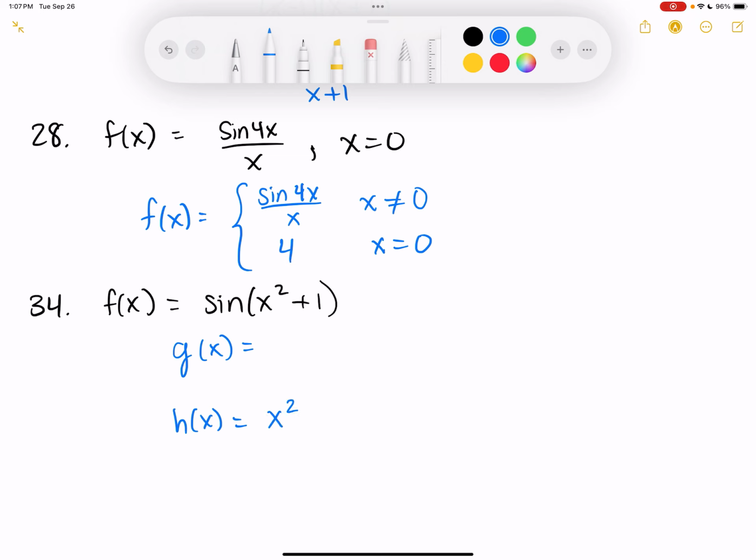And then g of x would be sine x. So then we can say g of h is continuous by Theorem 7. Now you don't have to write that every time, but that's what we were trying to find here, so that's all we're doing.